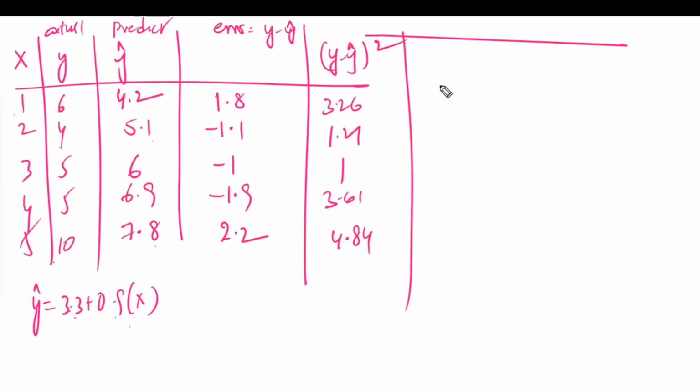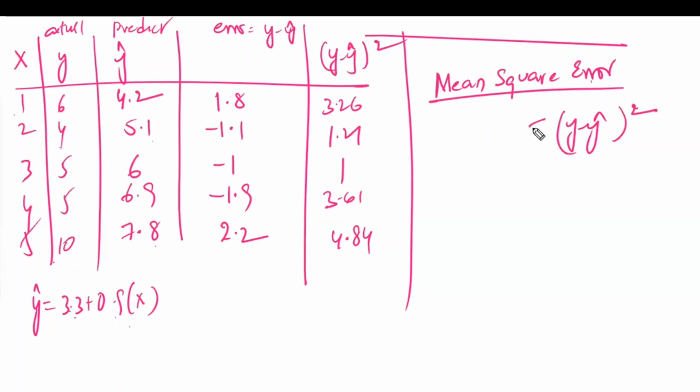Now, first you are going to calculate the mean square error. What is meant by mean square error? First the error, y minus y hat, squared. Square means this one. Mean means sigma by n, with respect to all of them. You just have to take the total. Total divided by n is called mean square error. What is the mean square error value for this equation?